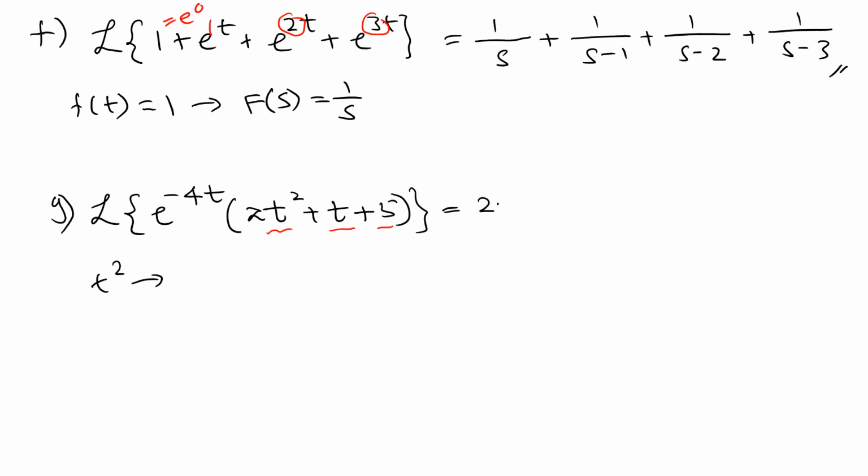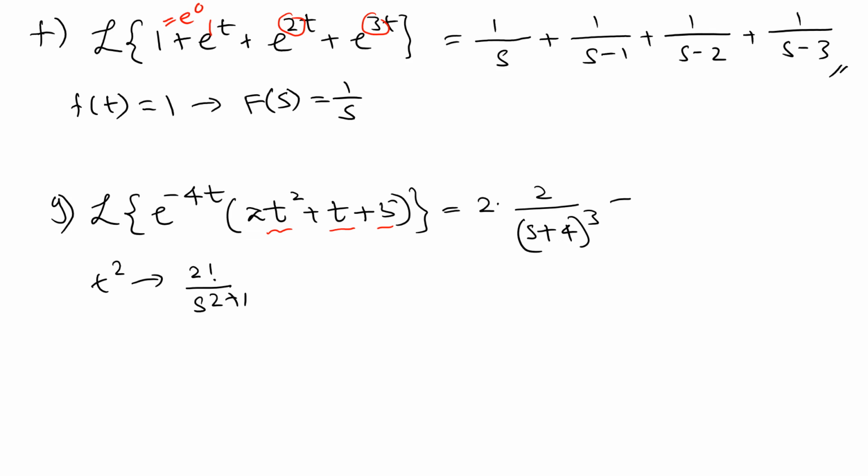What's the transform of t squared? It's a polynomial, so it is factorial 2 divided by s to the 2 plus 1, so it's 2 over s to the 3. It's not s now, it is s plus 4 to the 3 because of the e term.